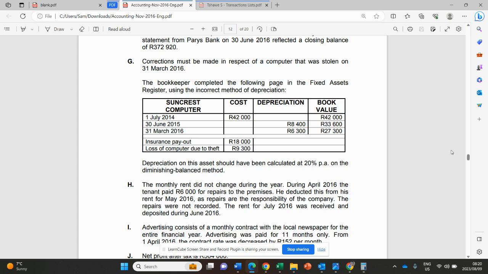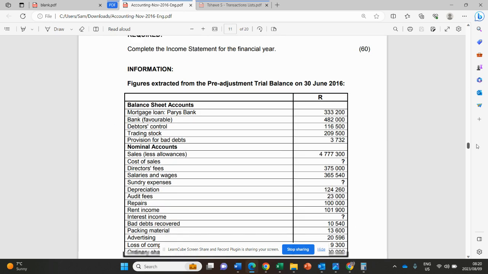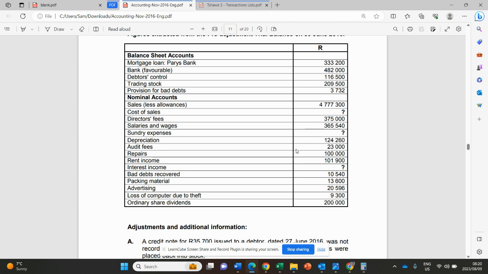With regards to this question paper, November 2016, if you can check here, we were supposed to do the reconciliation as we are given the depreciation of 124 260.